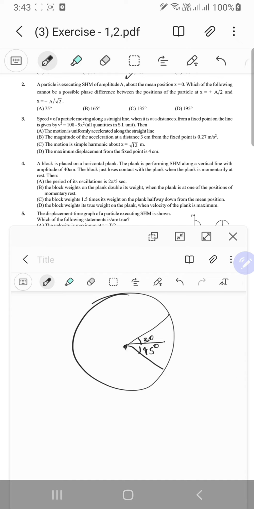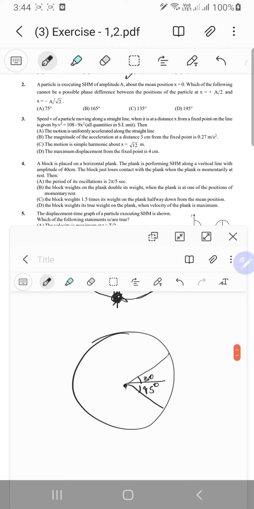So which cannot be a possible phase difference? Well, wait a second, it can be this thing and it can also be this thing. Okay, plus 2 and pi, but you really get it, right?